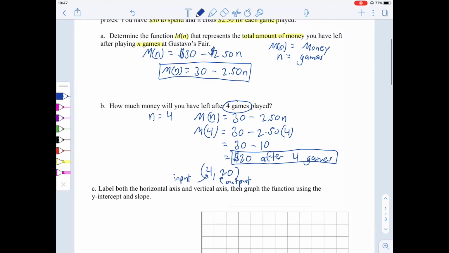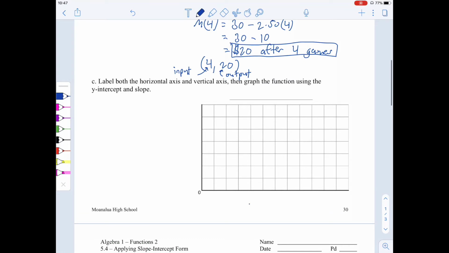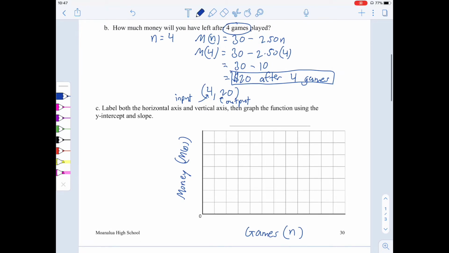So our input was games, and that was represented by n, and our output was money, and that was m of n. So we labeled our axes.